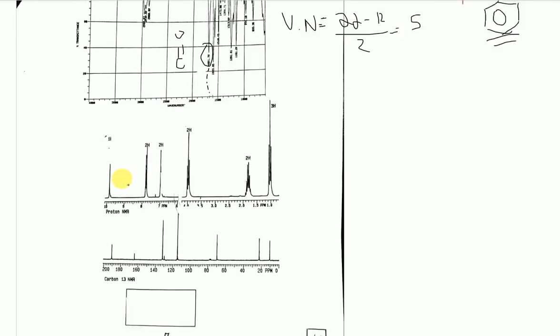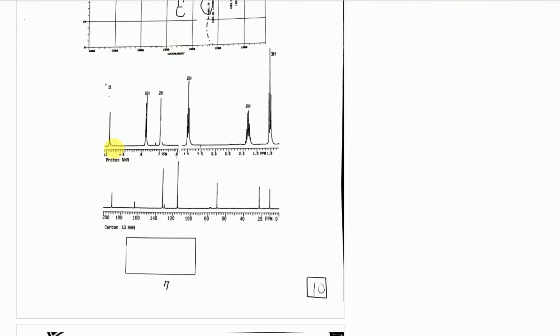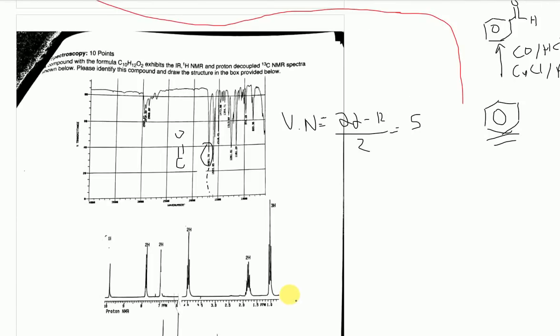All right, now let's check the NMR. NMR shows that we have in the 9 to 10 region something. I have 1H. And so anything in the 9 to 10 region, it's always going to be a 1H peak. What this is, is your aldehyde.